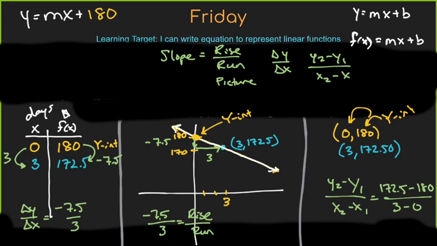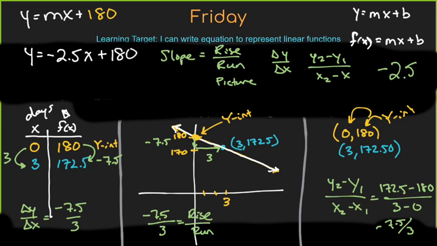My bad. No matter which way you choose to think about it, we end up finding that the slope is negative 2.5. And so at this spot, I now have access to everything in my equation because I found my slope and I already knew my y-intercept. And so there is my linear equation for this.